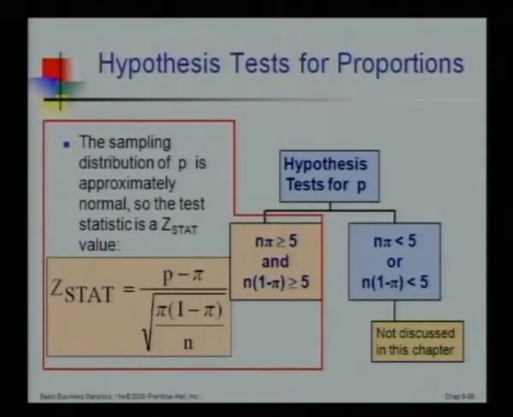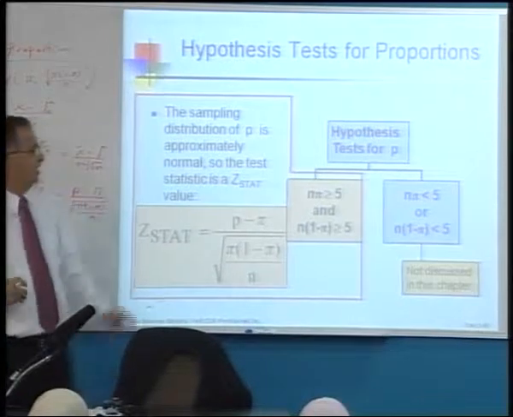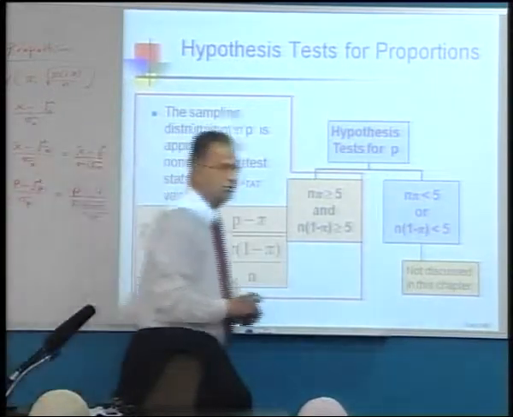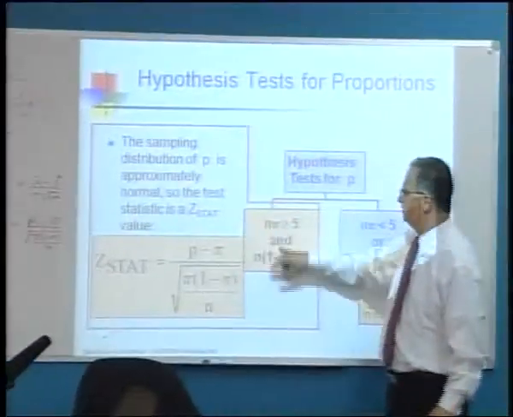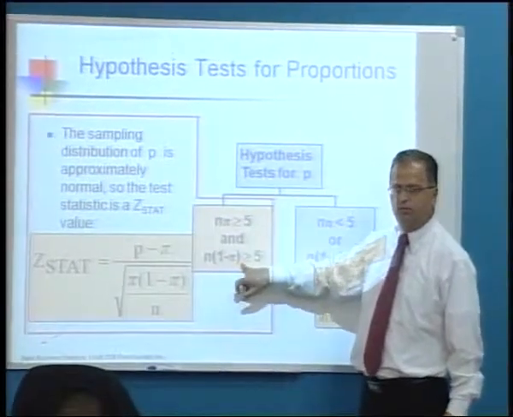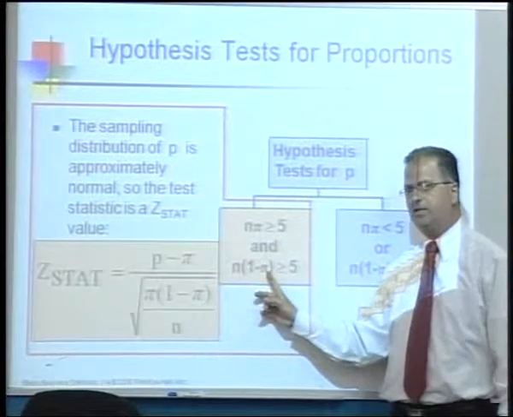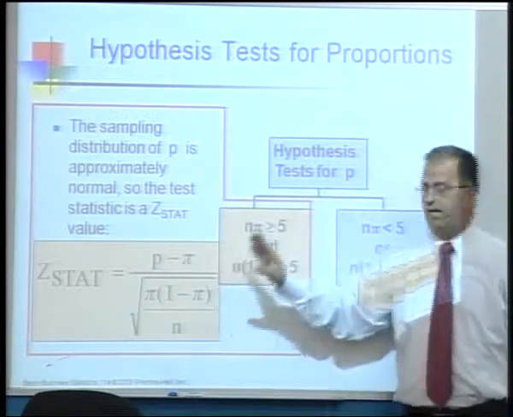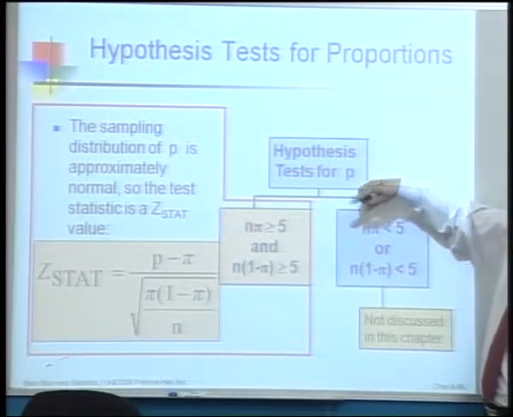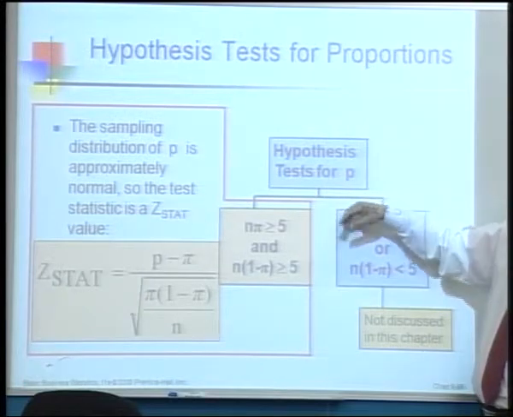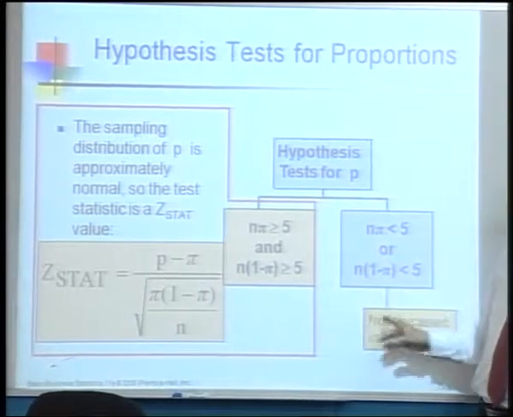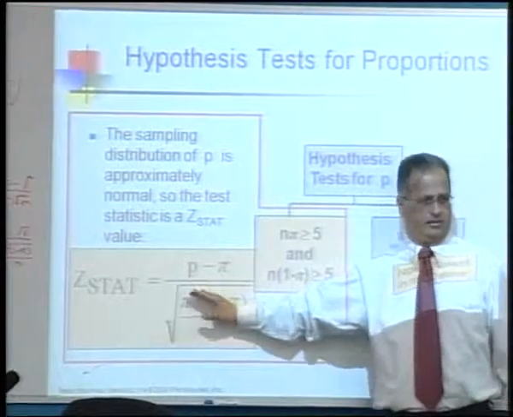So this is your Z statistic, P minus pi divided by the square root of pi times 1 minus pi divided by the sample size. That is valid only if the two conditions are satisfied, which are n times pi at least 5 and n times 1 minus pi at least 5. If at least one of these conditions is not satisfied, then we cannot use the Z statistic.